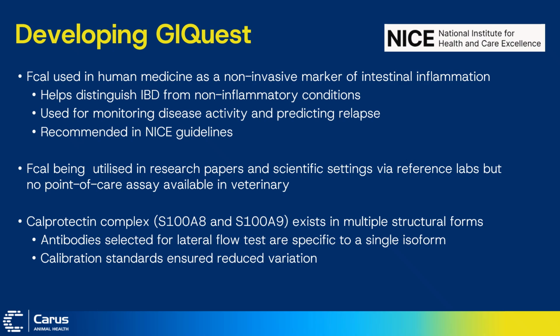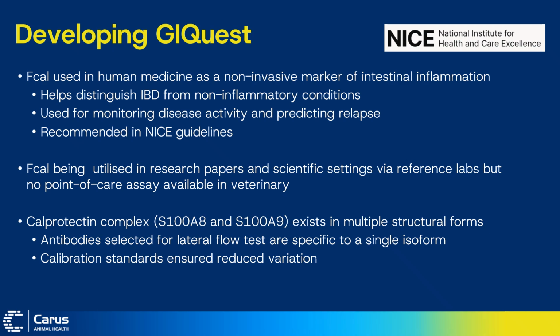Now, creating this was a little more complex than it would initially seem, as calprotectin is a protein that can exist in several slightly different structural forms, and it can also clump together into larger structures. So when we're developing an antibody-based test, like a lateral flow, to measure calprotectin, our research and development team had to ensure the antibodies latch onto the right version of the protein and not to other forms that might confuse the results.